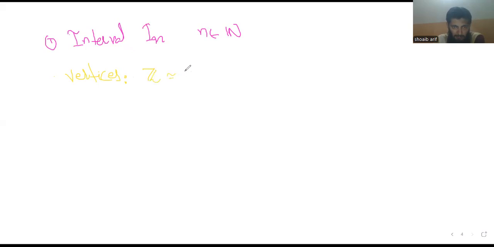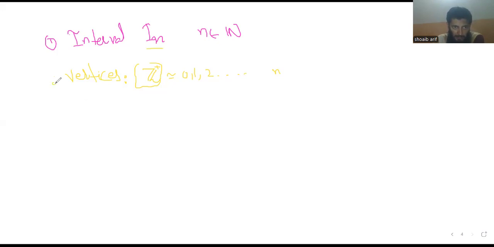What type of integers? From 0, 1, 2, and so on to n. Sorry, non-negative integers, not positive real numbers. So the vertices of this graph are the non-negative integers 0, 1, 2, 3, and so on to n.